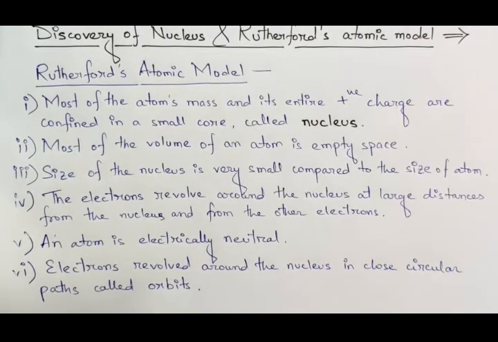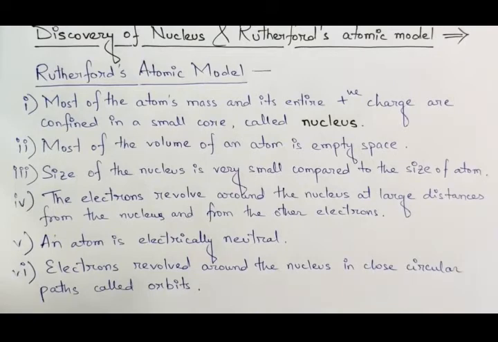So if the electrons were rotating around the nucleus, that means they were radiating some energy. That means there was some loss of energy. So if there is a loss of energy, then the nucleus will gradually pull the electrons towards itself, and finally the total atom will collapse. So this was not the proper way to explain the atomic theory. This was the failure of Rutherford, that he could not explain the stability of the atom.